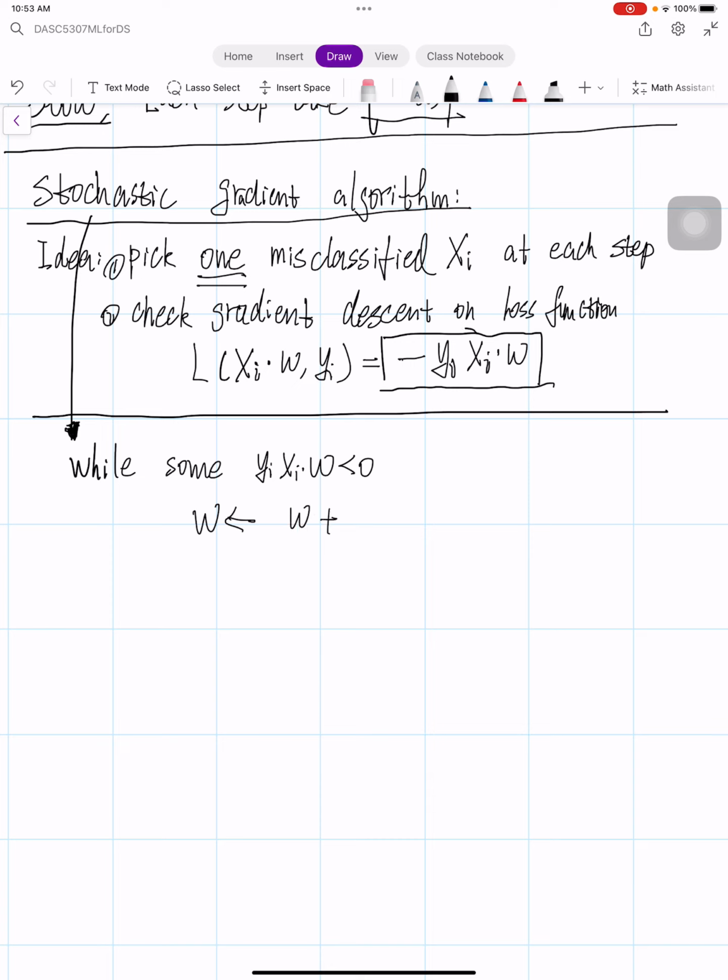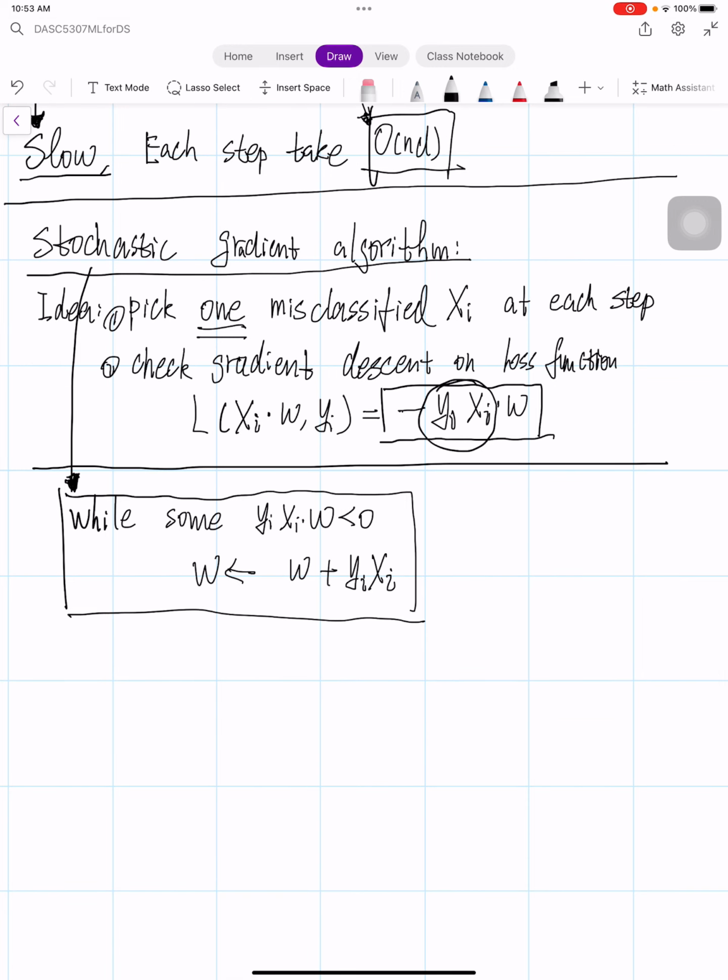Remember, the gradient is just the front part, and we take the opposite sign. So that's the stochastic gradient algorithm. The computational cost of each step is only d.